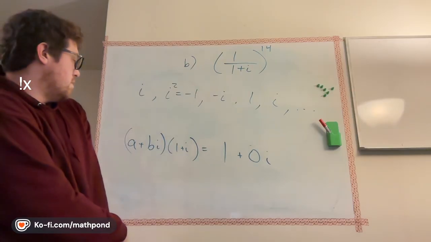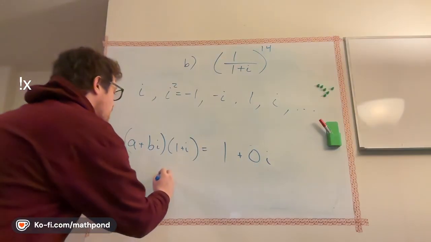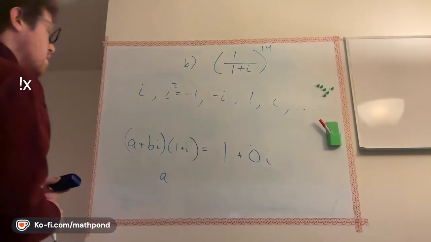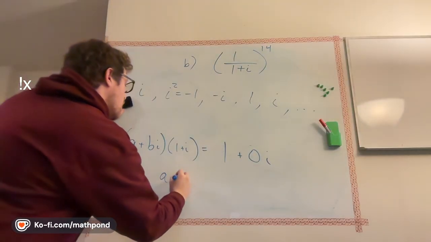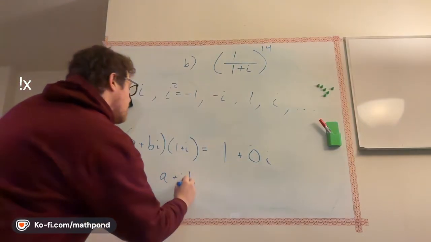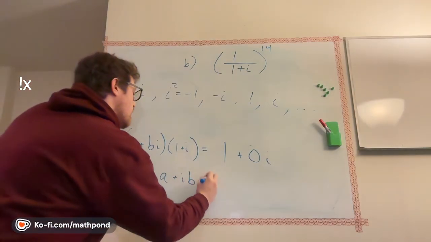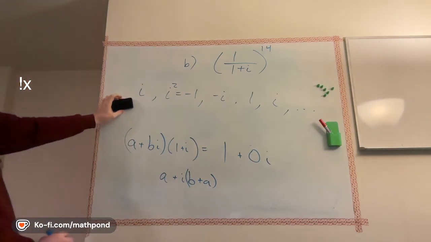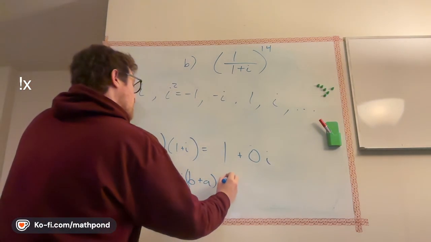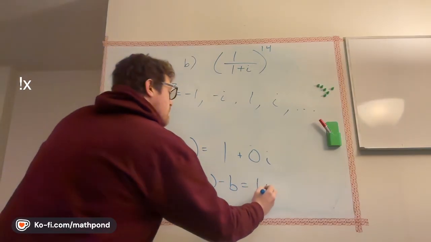So yeah, a plus i times b, plus a minus b, is equal to 1 plus 0i.